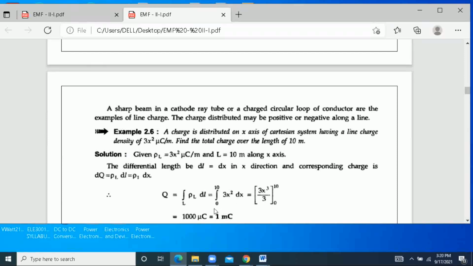So all you have is the integral of this from 0 to 10, because we treat it as the same dimensions, the x and the L. Your dL is dx now. Get it? Yes, sir.